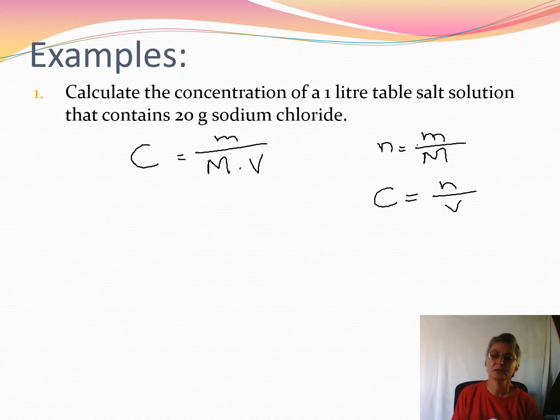Here it is important to know that 1 liter of solution is the same as 1 cubic decimeter of a solution. So the mass of sodium chloride is 20 grams.